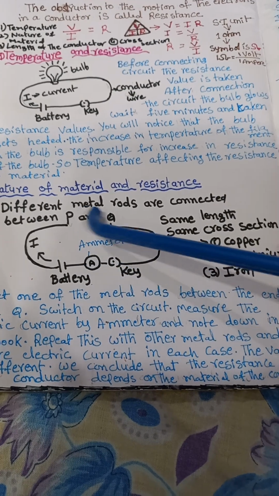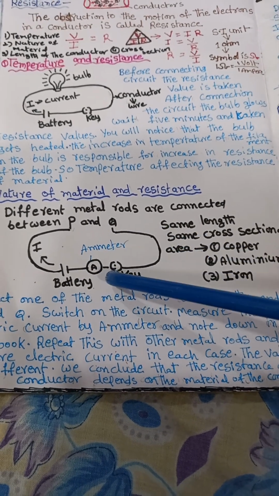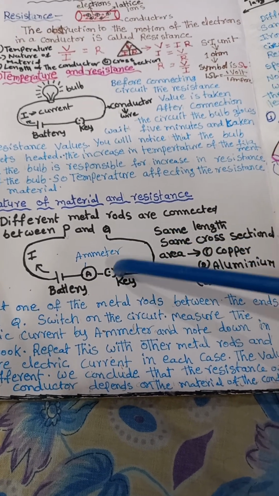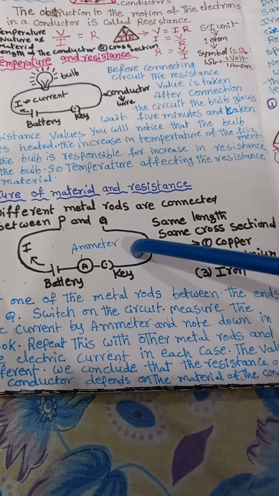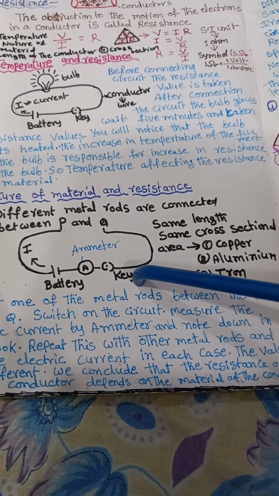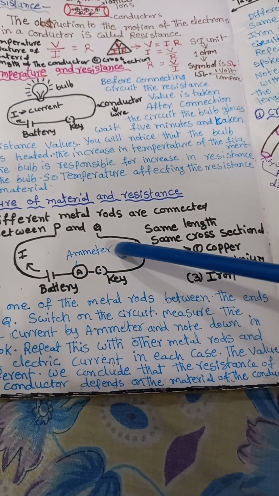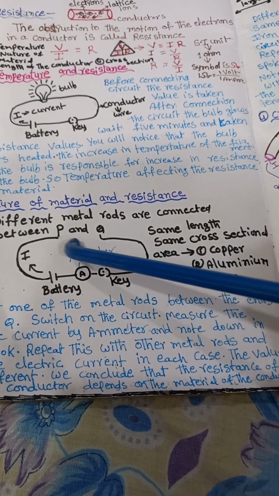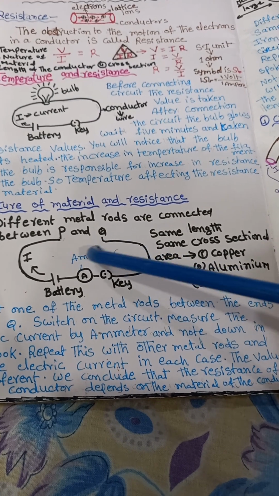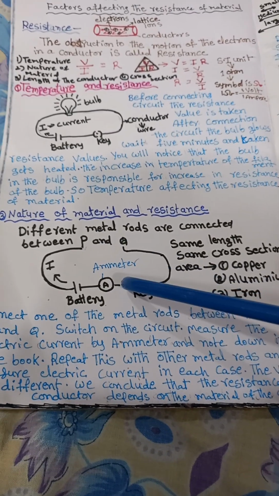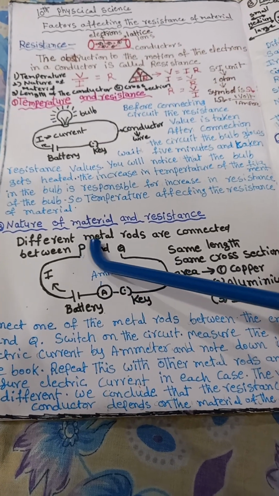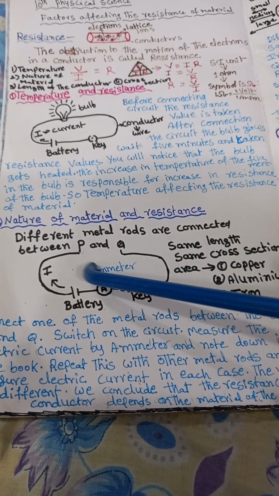Here also we can see the circuit. The battery is there, and the wire is there, and an ammeter is also attached to this conductor, and between P and Q, the two ends of the wire, different metal rods are connected.